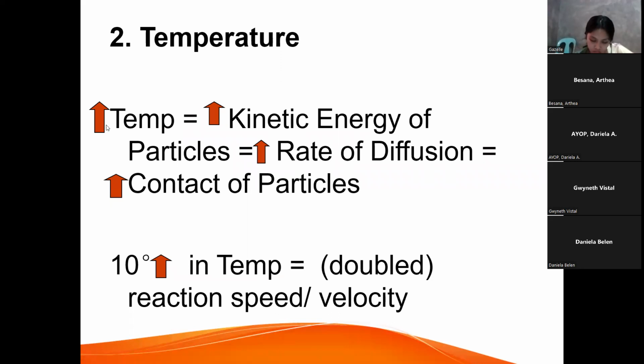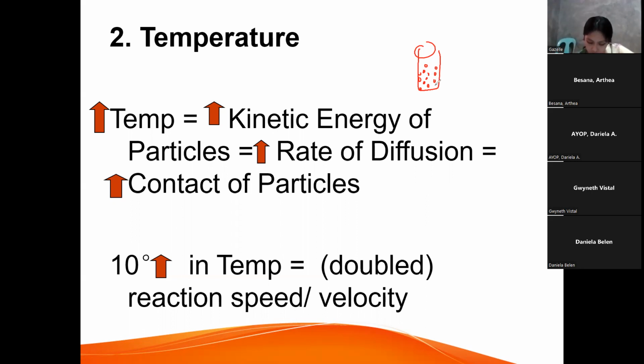Kasi pag tinaas natin ang temperature class, tataas yung kinetic energy ng mga particles. So pag meron kang isang basong tubig, pag mainit yan, mataas yung kanyang kinetic energy. So definitely, anong meaning ng kinetic energy? That's the energy involved if the molecules are moving. So pag mataas yan, meaning nagmo-move yung mga molecules. Okay? So mataas yung diffusion at mataas yung rate ng pag-move ng particles natin.